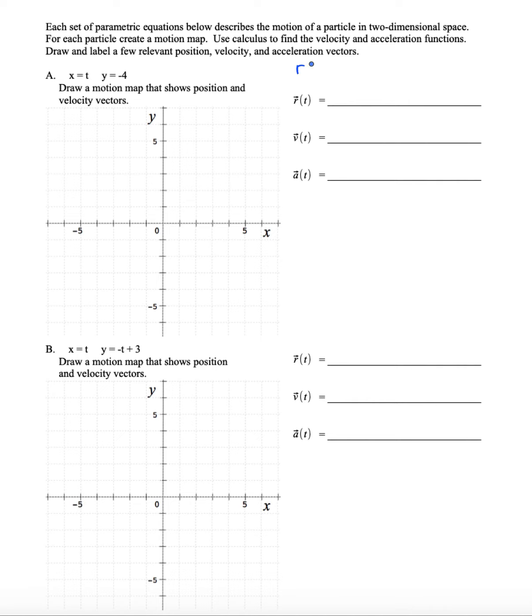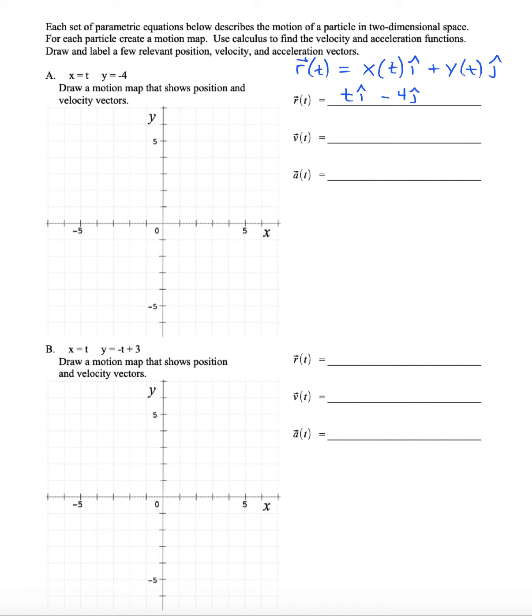So the formula for this is just to take your x function and attach that with i, and then take your y function and attach j to it. So it's going to be real easy here. We'll just say that r of t is equal to t times i hat minus 4 times j hat.